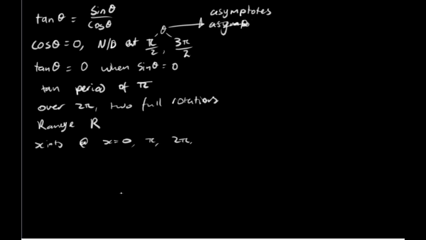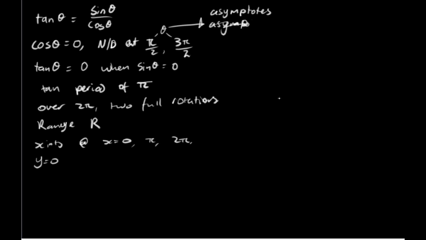Our equilibrium point, or our mean position, is at y equals 0, depending if we move it up or down though. And asymptotes are 1 period apart. So our asymptotes are going to be 1 period apart, and the x-intercepts are also 1 period apart.